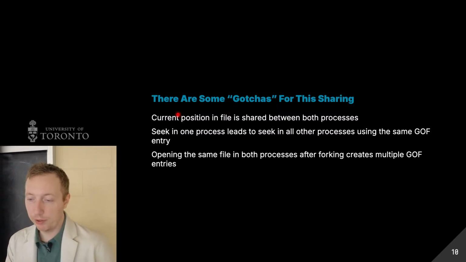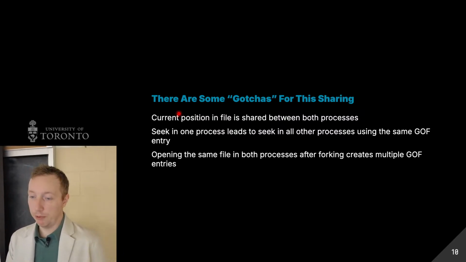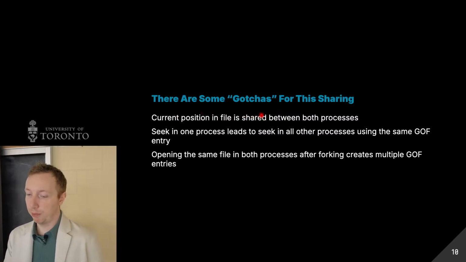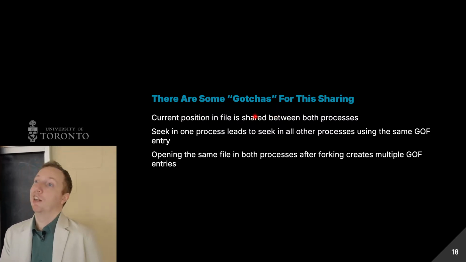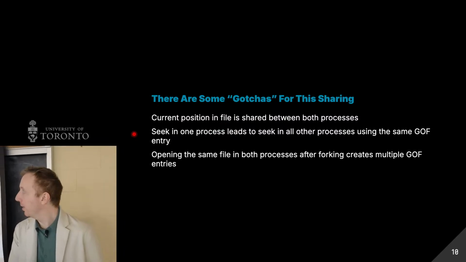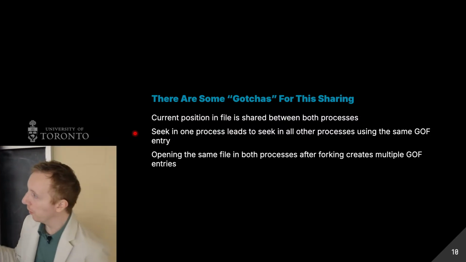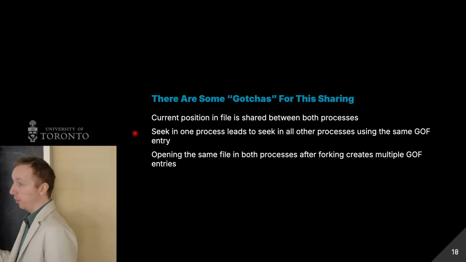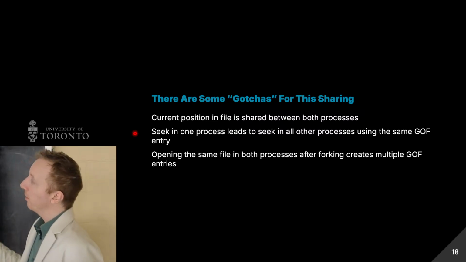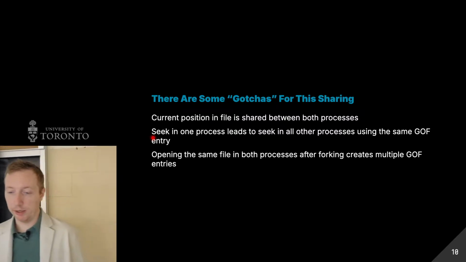So the current position, because of that, when you fork, that position is shared between both processes. So in this way, you might not consider them independent, even though their own file descriptors, what they refer to, are independent. Modifying through the file descriptor is not independent.